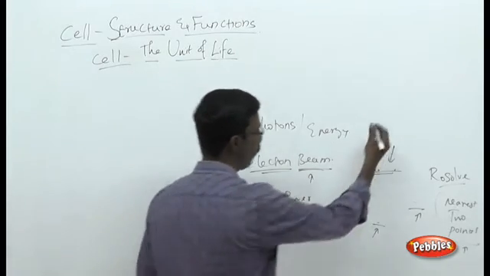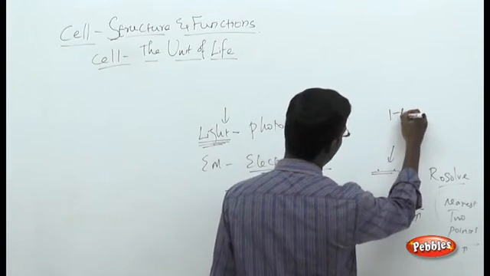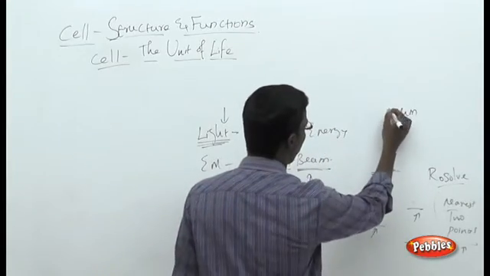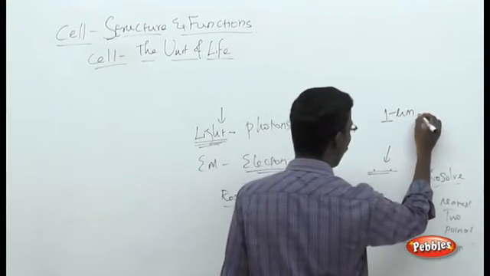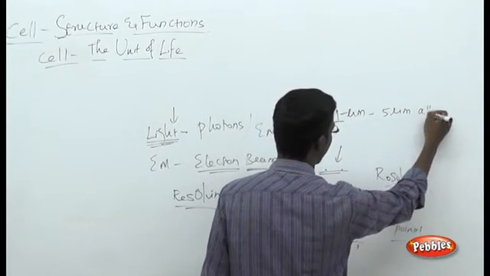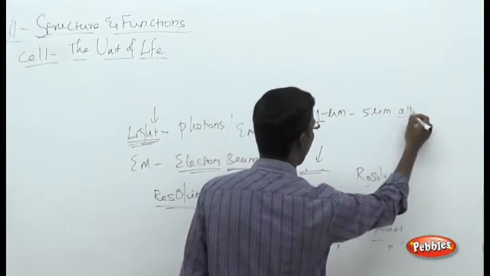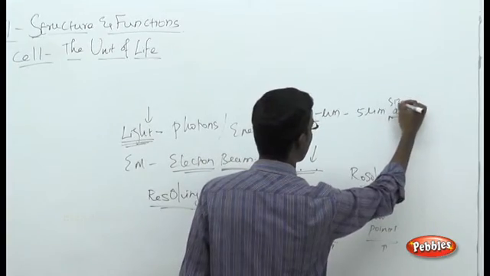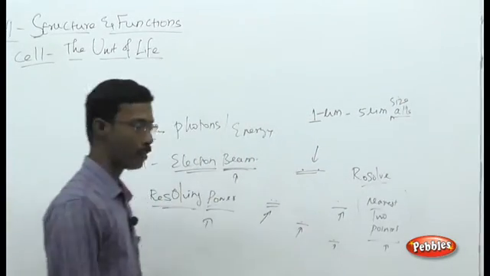At what extent? We all know the microscopic cell structure. The prokaryotic cells will be around 1 micrometer to 5 micrometer size. So what does it mean?